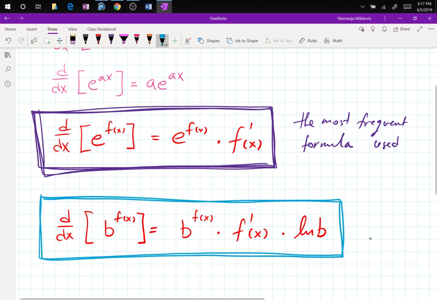So there is some base 10 through sciences, but the vast majority are always e, which is why the formula above, the one boxed in purple, is what we would call the boss equation, because it's used almost always. The one on the bottom is the general case.